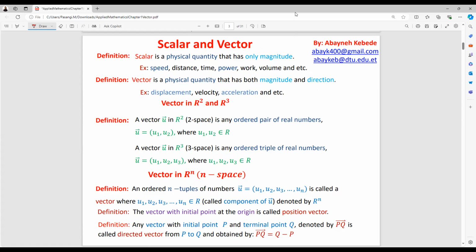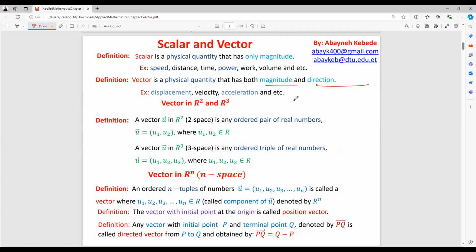But for vectors, we have both magnitude as well as direction. Same as the scalar, a vector is also a physical quantity, but it has both magnitude as well as direction.